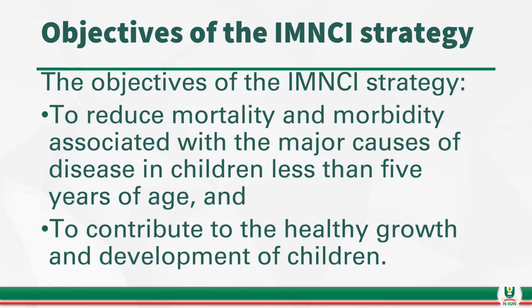Those are the key objectives. You are not just reducing mortality and morbidity of those common diseases in children under 5, you are also helping through health promotion and prevention in contributing to the healthy growth and development of children, which is the primary objective of child health.